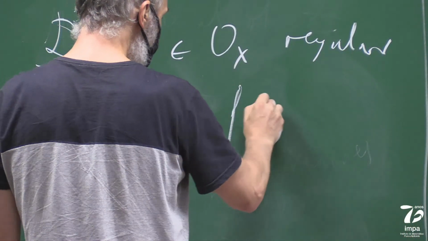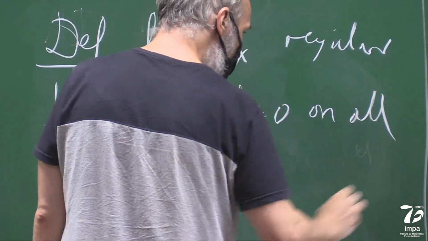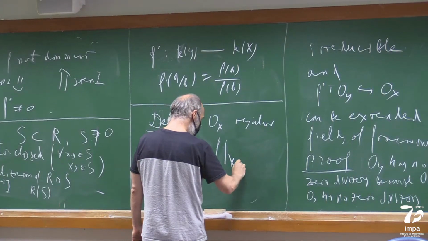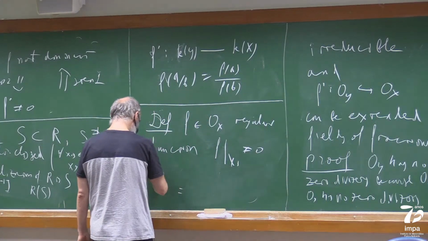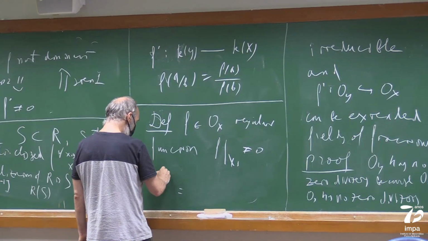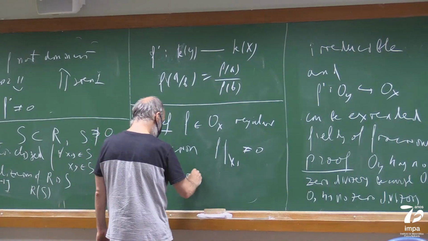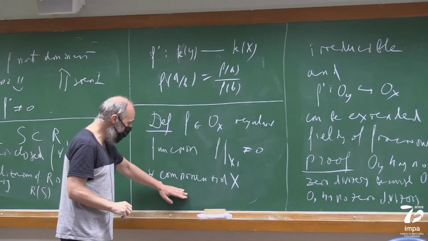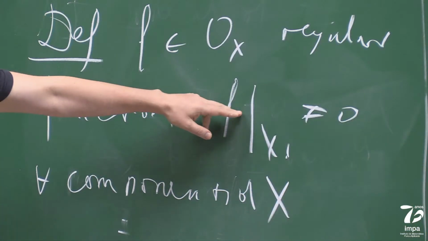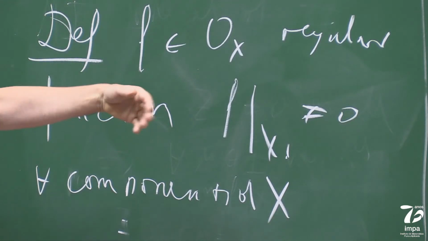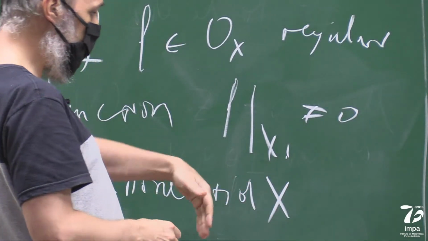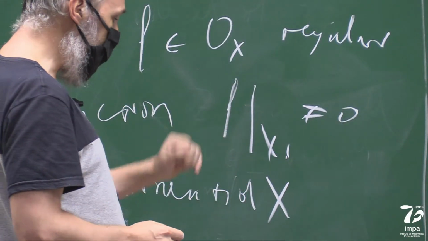So f restricted to X_i is non-zero for all irreducible components of X. So you have irreducible components, which are your X_i. This doesn't mean that it has no zeros. No, it might have zeros, but it shouldn't be zero on the whole component. It should have a point on this component where it is non-zero.